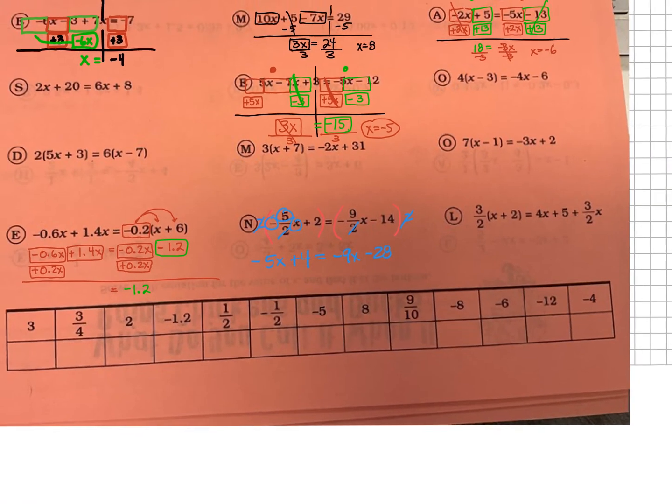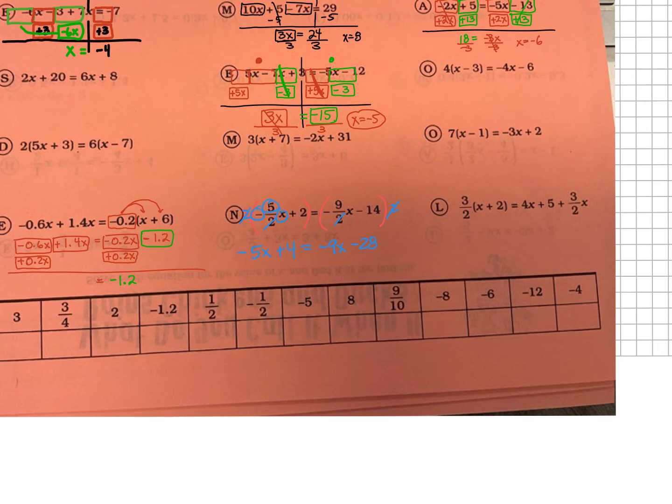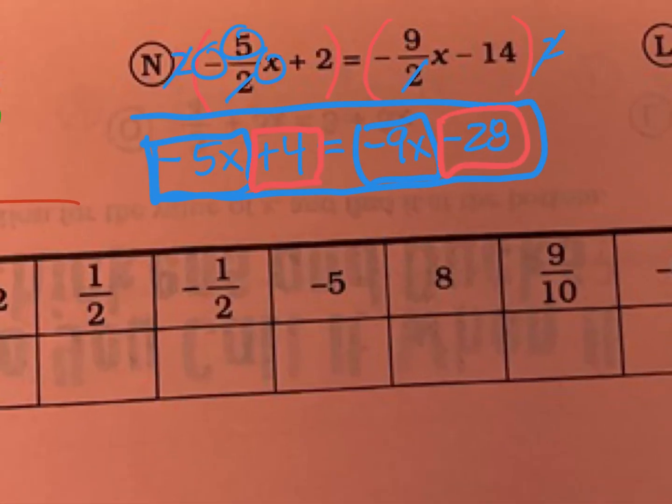So, do I care that you can get rid of fractions right now? No, that's a pretty advanced technique. I'm just caring that once you get to this spot, you can make teams. You see, there's an x team, there's an x team, there's a number team, and you can decide, hey, I'm gonna add 9x to this side, so it moves it over here and gets rid of it from the right side.